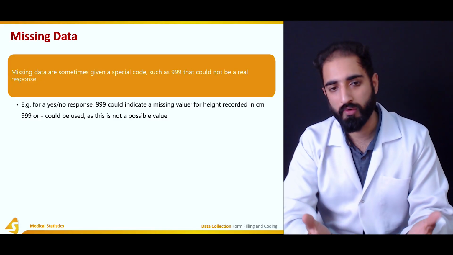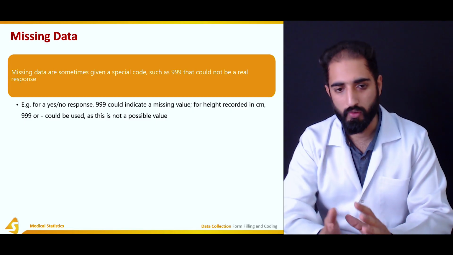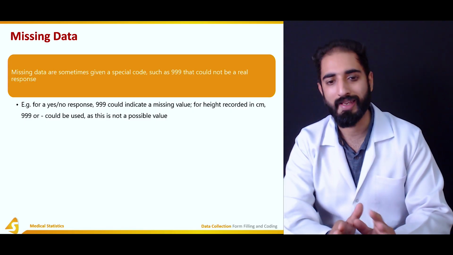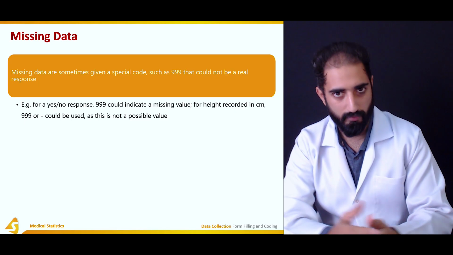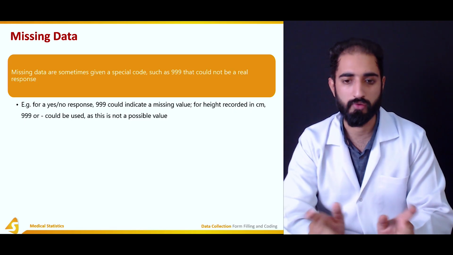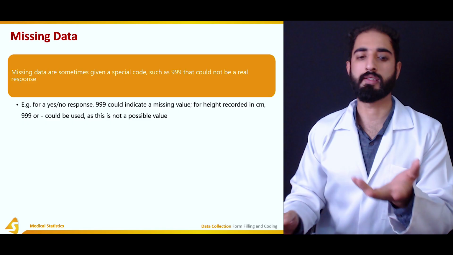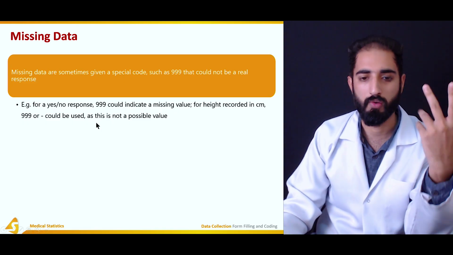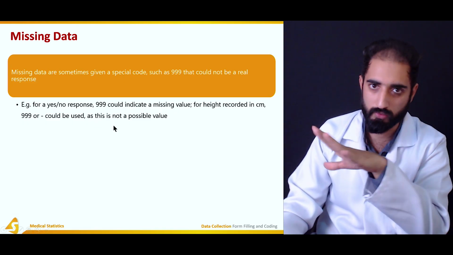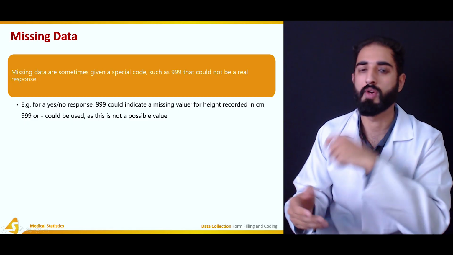The same goes for yes/no, where I am using, let's suppose, 1 and 0. 999 could not be a purposeful or meaningful value, so it is a missing value. And for height in centimeters, 999 or a dash can be used, which is not a possible or meaningful value, so it is considered a missing value when we are analyzing the data.